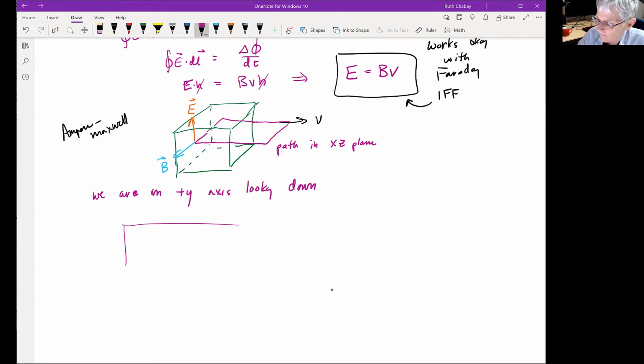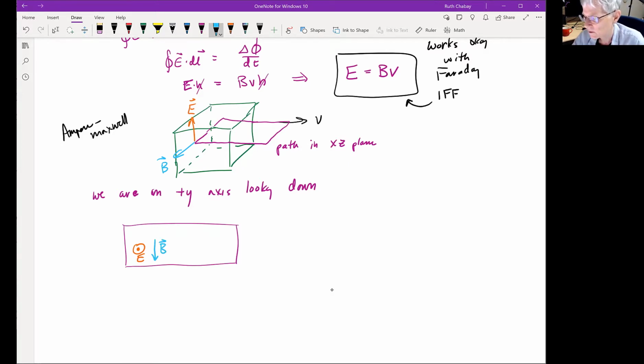Here's our path, and we're going to have E sticking up out at us, so E out of the page, and B is going to be down.